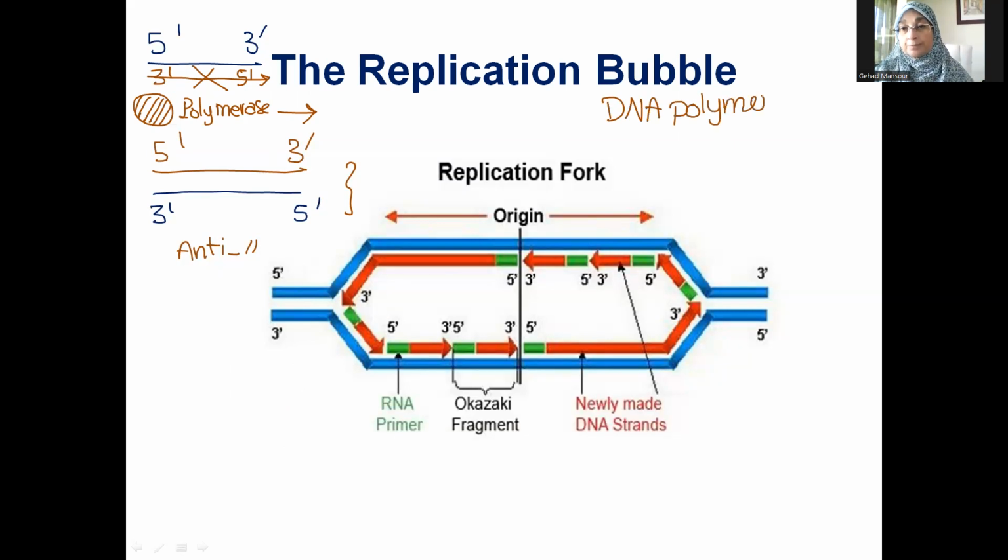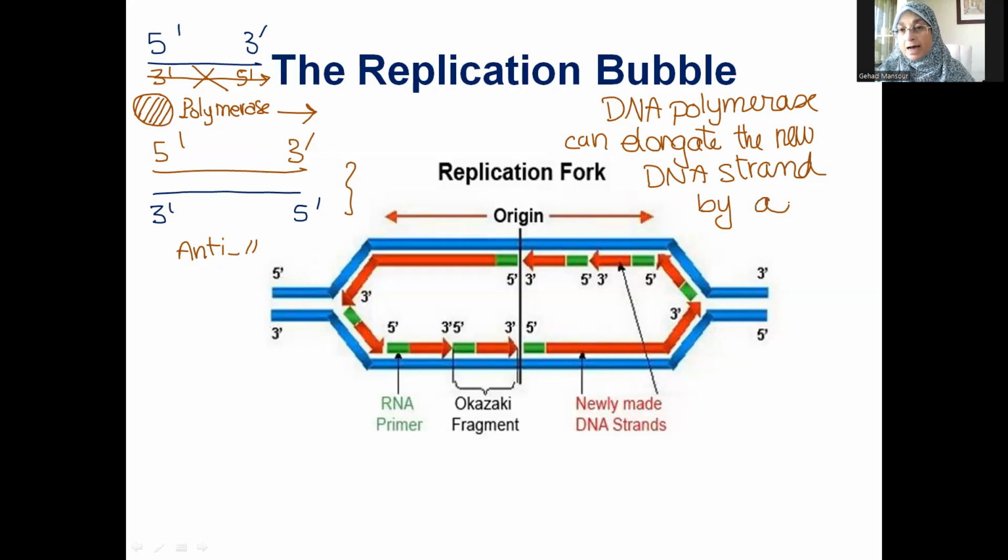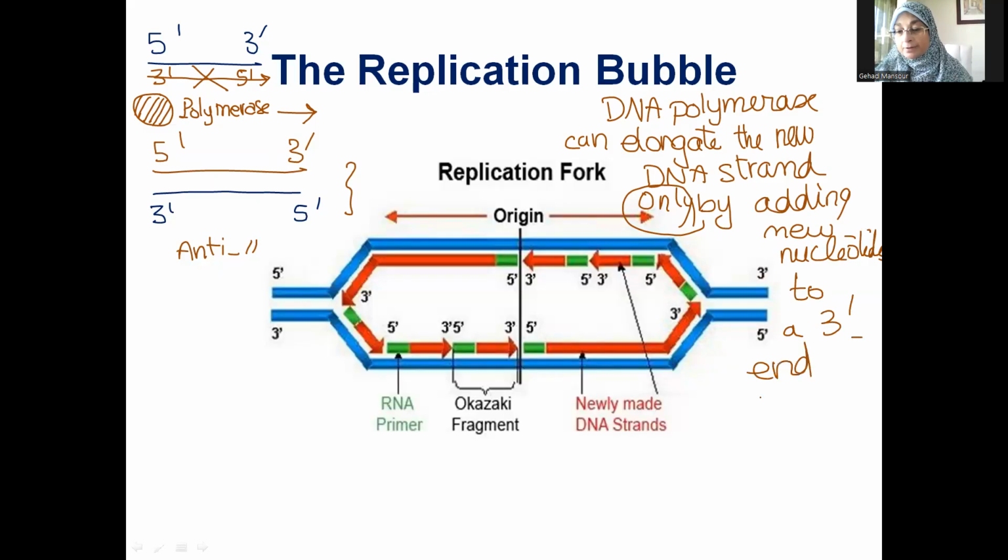DNA polymerase can elongate the new DNA strand by adding, and only is very important here, only by adding new nucleotides to a 3' end.